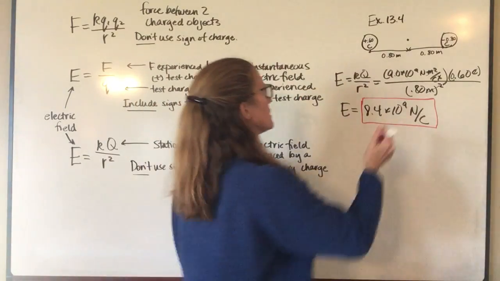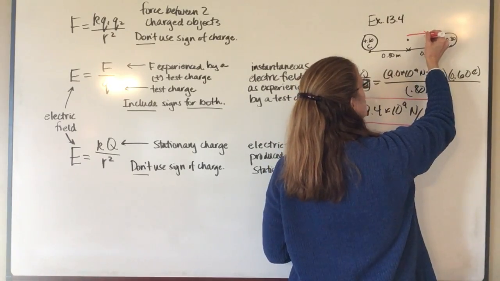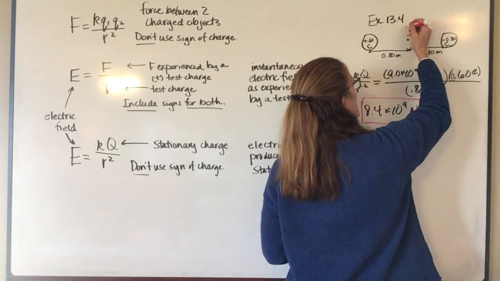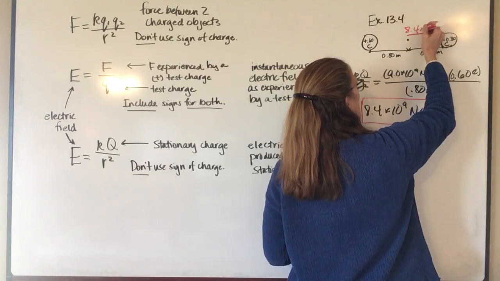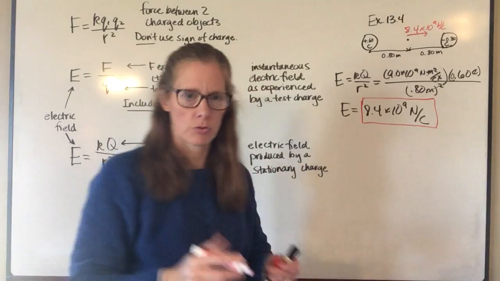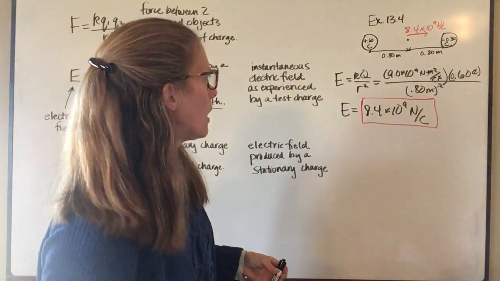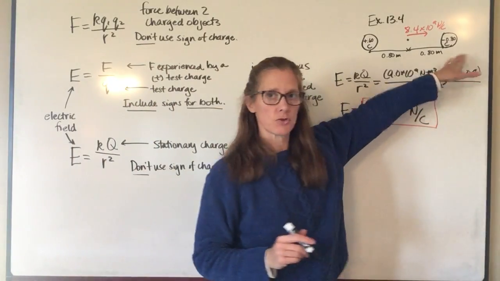And if they're repelling each other, the electric field is going to have a force going this direction at this particular point. So this is going to be 8.4 times 10 to the 9th newtons per coulomb, pointing off to the right.